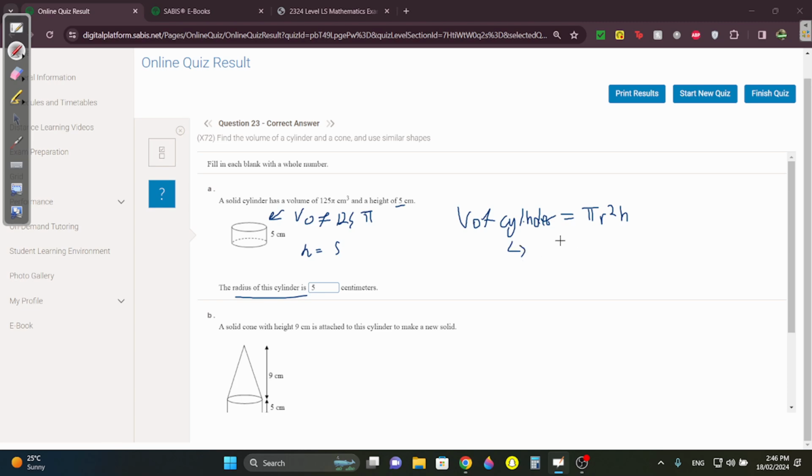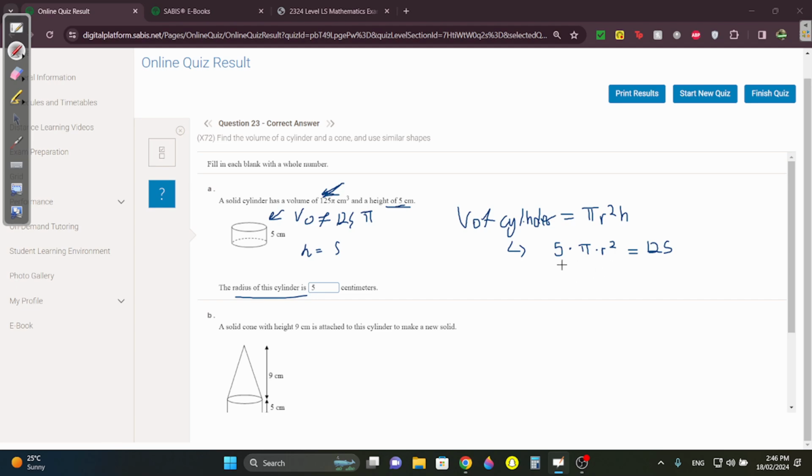In this case, h is 5 because he told us it's 5. So 5 times pi times r squared equals 125 pi, because they told you the volume is 125 pi.